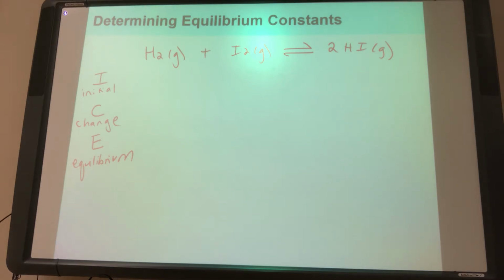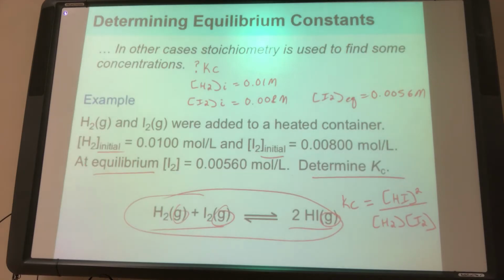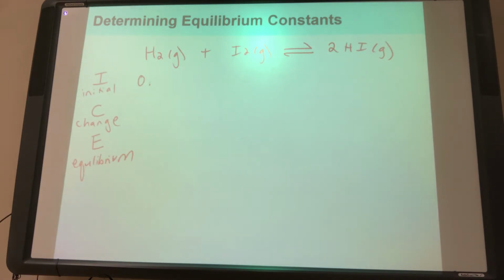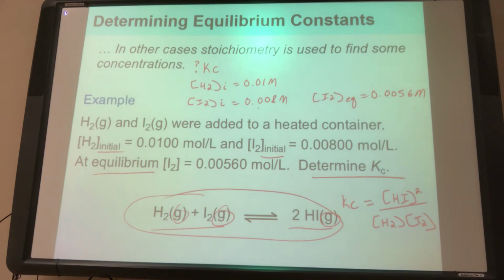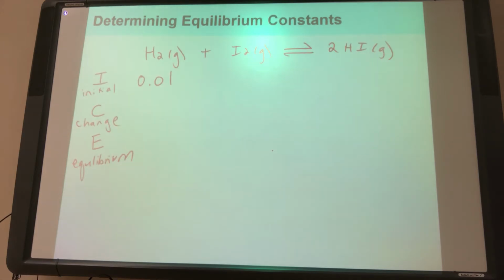Now we're going to plug in the information that I know already. What did they tell me? H2's initial was 0.01, so initially H2 is 0.01. I2 initially was 0.008.